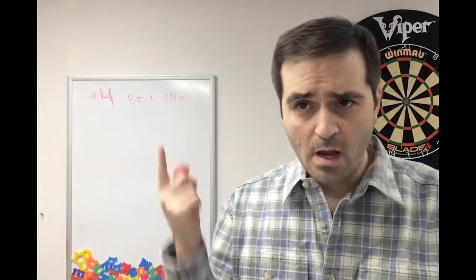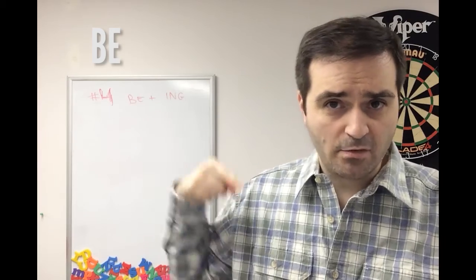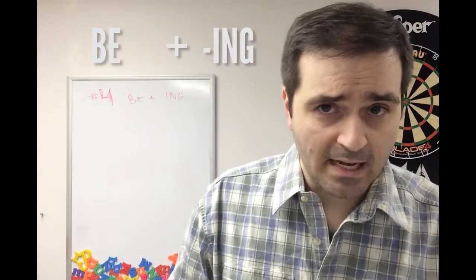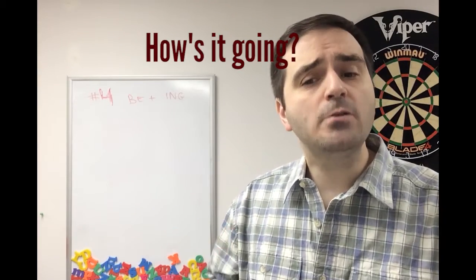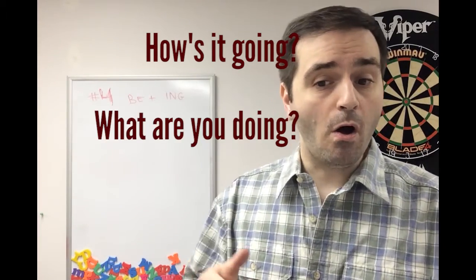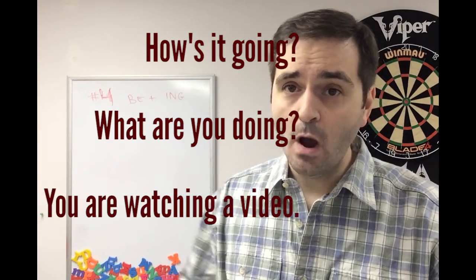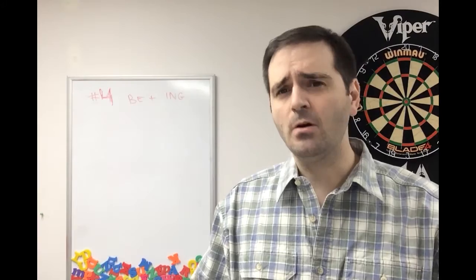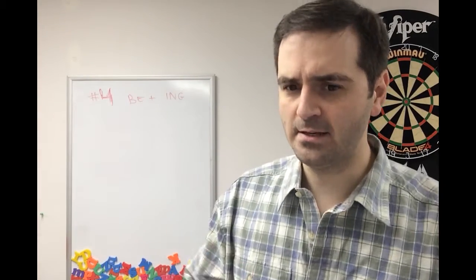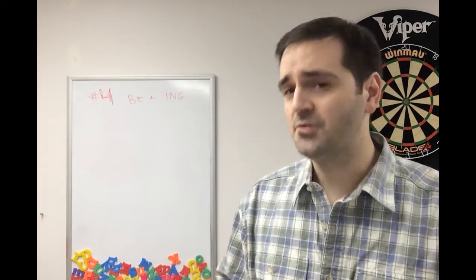The use of a form of be plus a verb ending in ing to indicate the present tense. That's what we do. Listen to this. How's it going? What are you doing? You are watching a video. Sounds normal to us. It's actually called the present progressive, but really it's evolving into our standard present tense. Think about it.